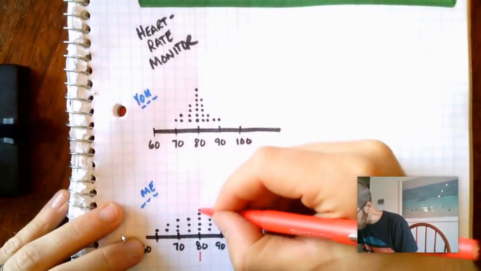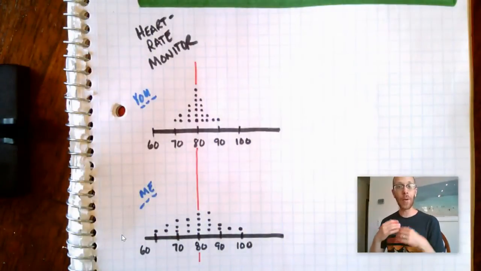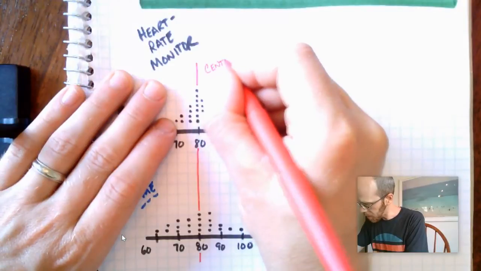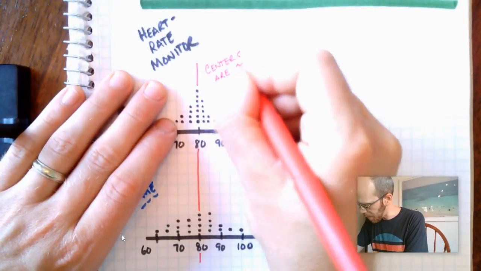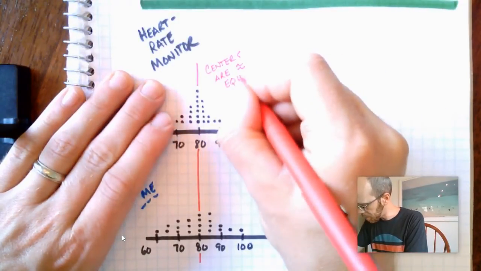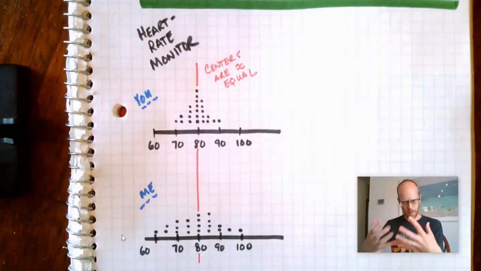We have an average that is pretty close to about 80 beats per minute. So our centers are approximately equal. But does that mean that the way my heart works and the way your heart works are the same? No, I don't think so.